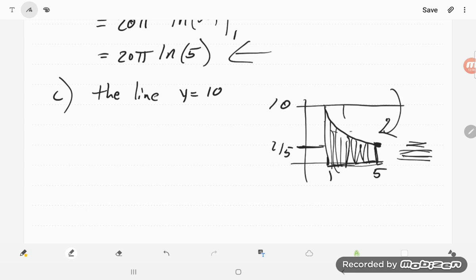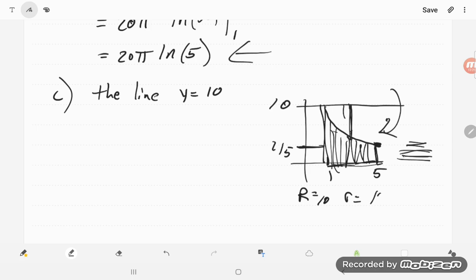And so I've got an outer disk which has a radius of 10. Okay, so that's the big R. And then the little r, in that case, is this distance, right?